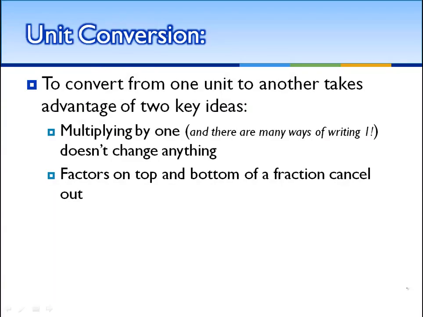Now, converting from one unit to another takes advantage of two major key ideas. The first idea is that whenever you multiply something by 1, it doesn't change. And the eye-opening thing is that there are actually many different ways of writing 1. You, of course, probably know that you could multiply by a fraction like 4 over 4.